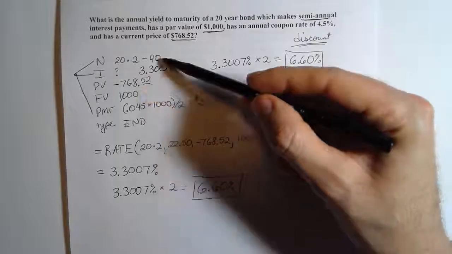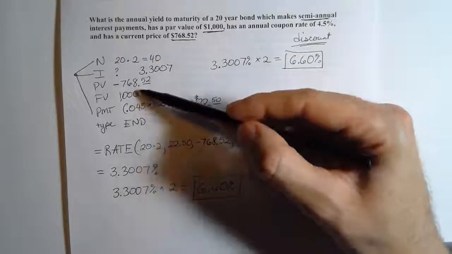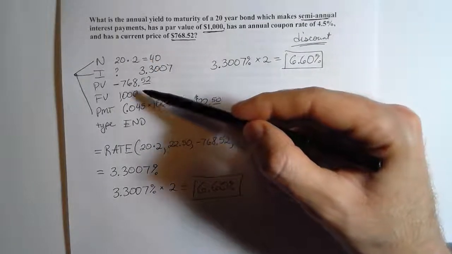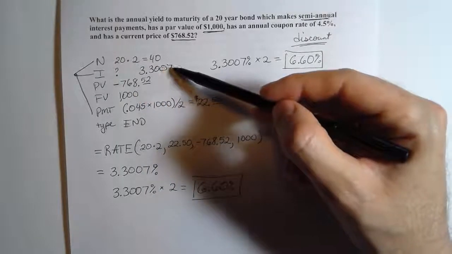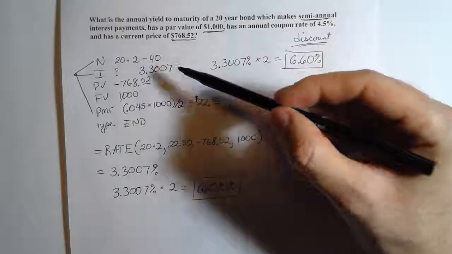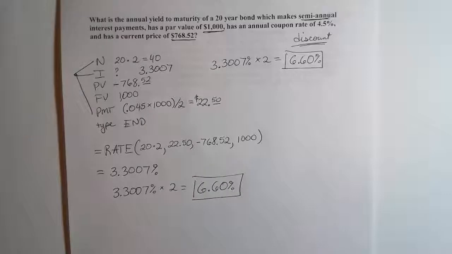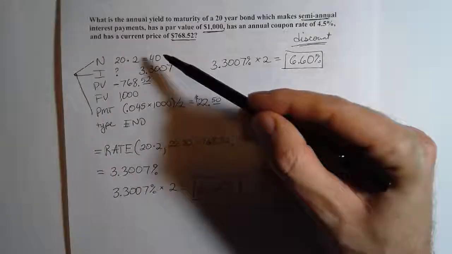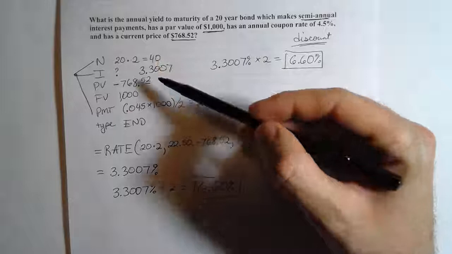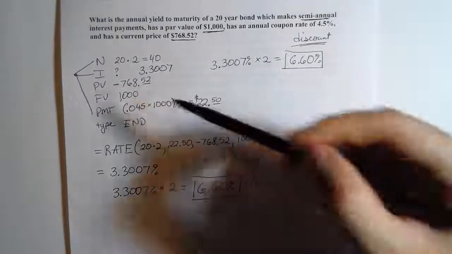So you'd have to change the number of periods and possibly the future value. But otherwise, you could still solve for the I, and in that case, that would give you the rate per period, which you could then turn into an annual rate, or nominal annual rate, and that would be your nominal annual yield to call if you use the number of periods until it was called and the price that was paid when it was called.